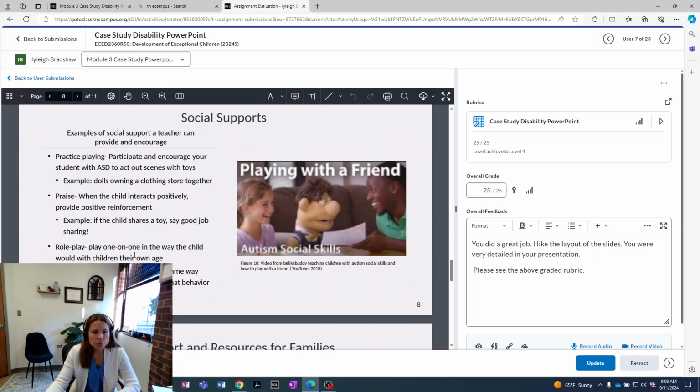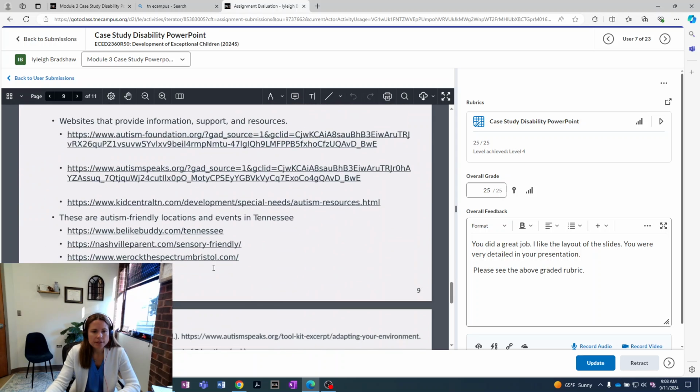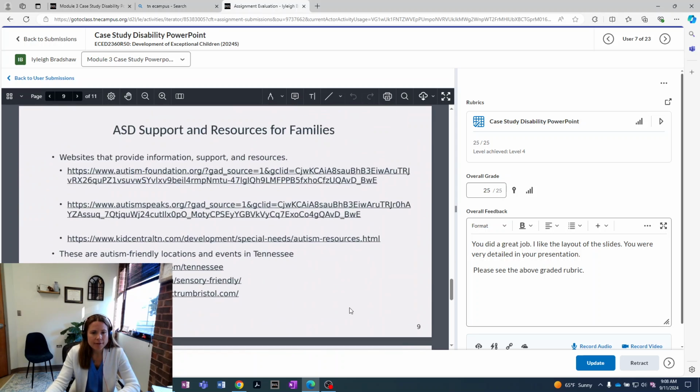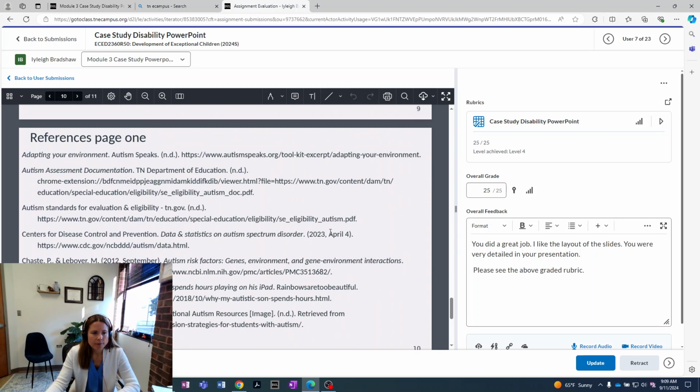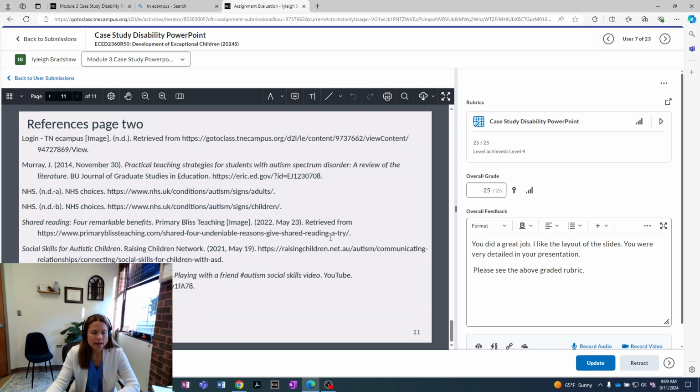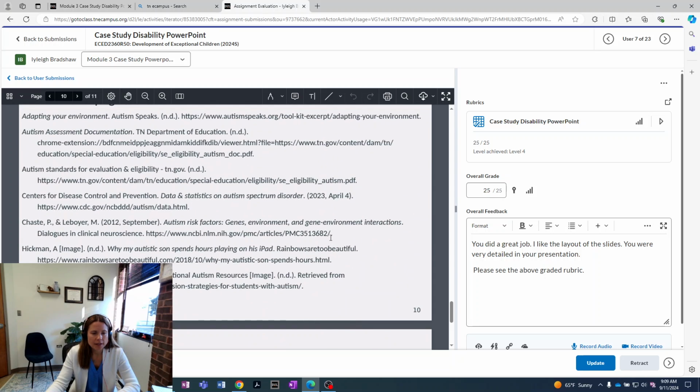They included some social supports here, some resources they found for families, and then they included their APA format references. And theirs was 2 pages, because remember, they included a lot of information and they were citing everything they found.